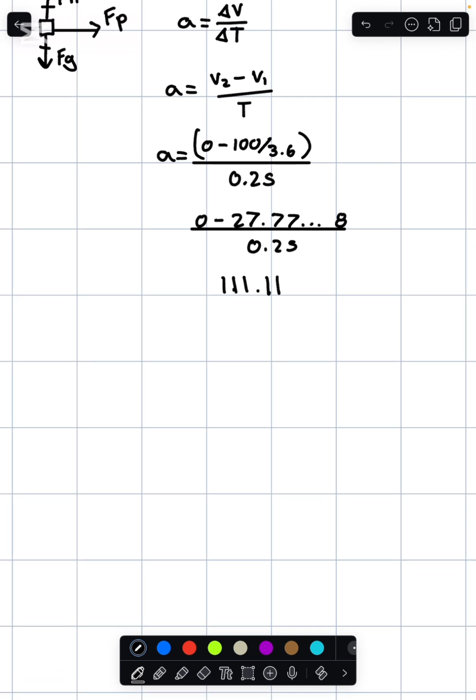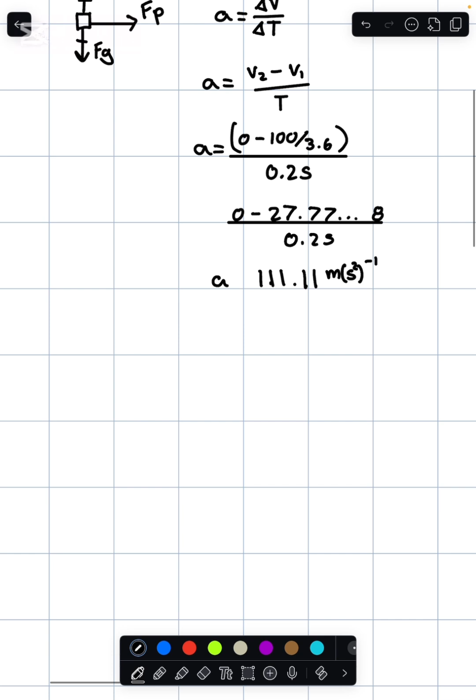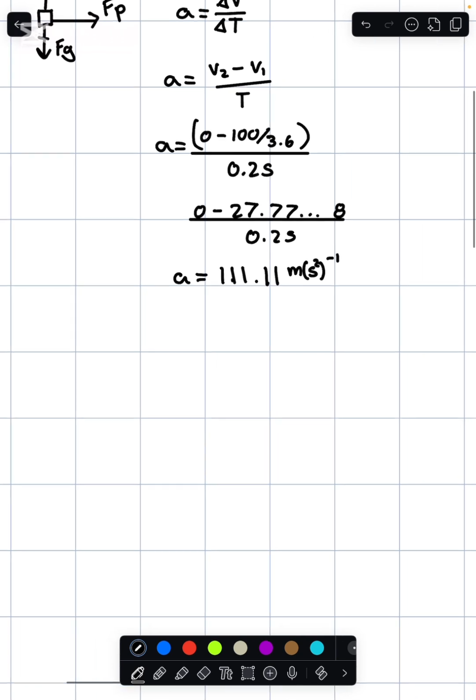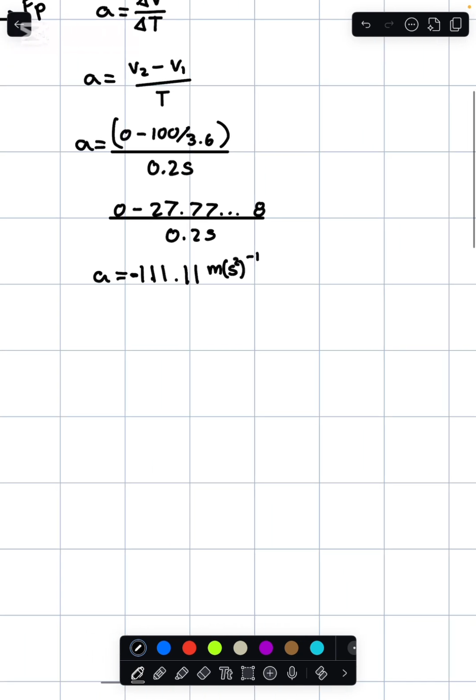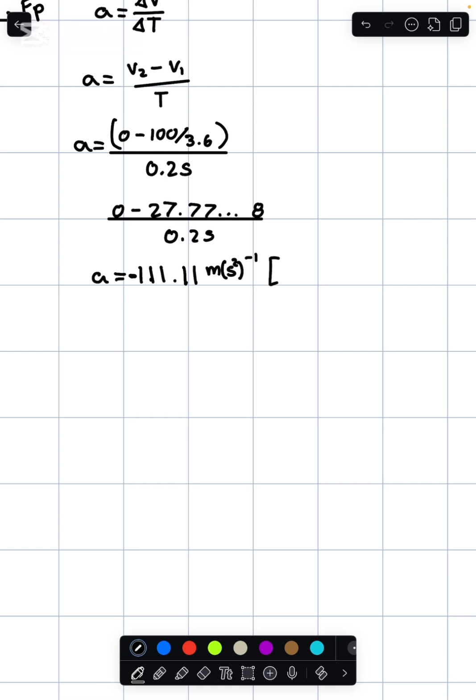So for our acceleration, our units will be meters per second. Don't forget the squared. And can't forget our direction. This will be negative, and our direction will be to the left.